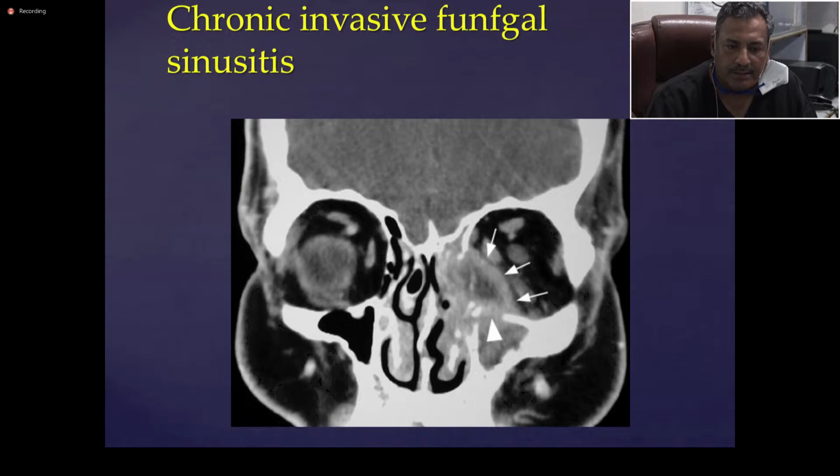Limited in the sense that the role of surgery is to prove the mucosal invasion by the fungal hyphae to establish chronic invasive fungal sinusitis, which is mostly attributed to Aspergillus. So the role of surgery is to take a biopsy specimen to prove mucosal invasion by the fungal hyphae.